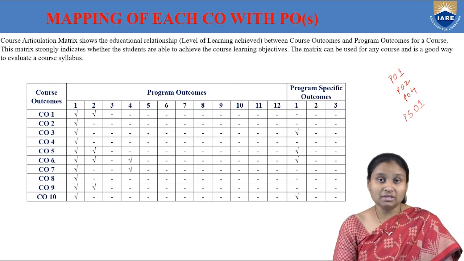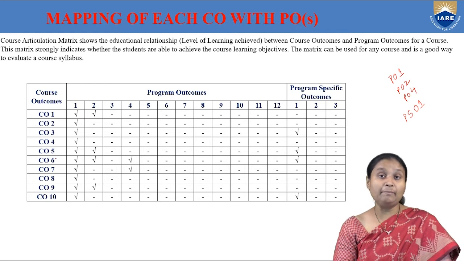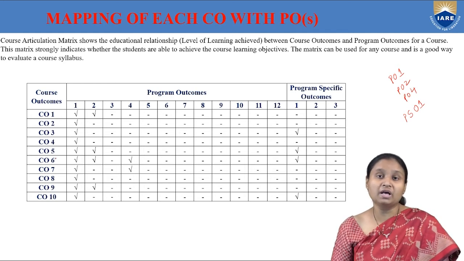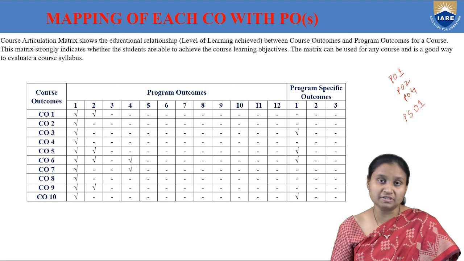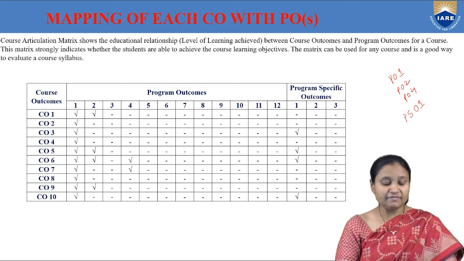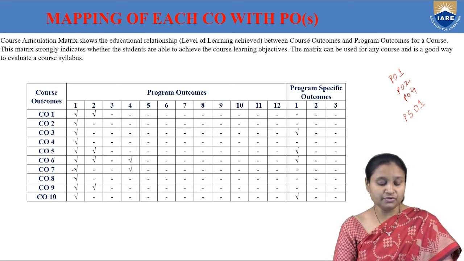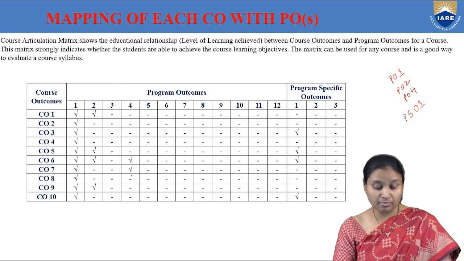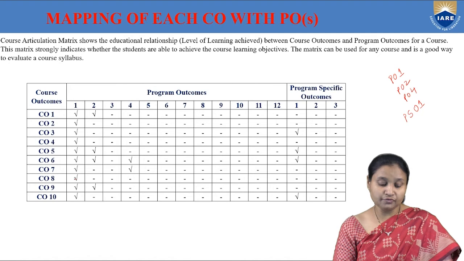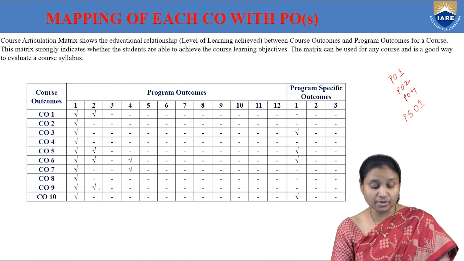So this course outcome 6 is mapping to the maximum number of program outcomes and of course program specific outcomes. And then the 7th course outcome is mapped to first program outcome and 4th program outcome. And CO8 is mapped to first program outcome, and CO9 is mapped to first and second program outcome.